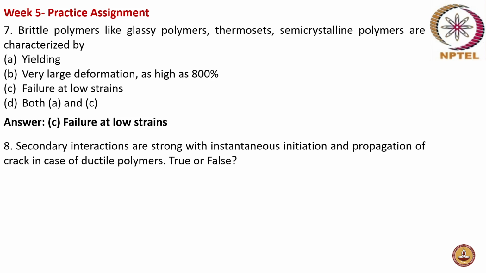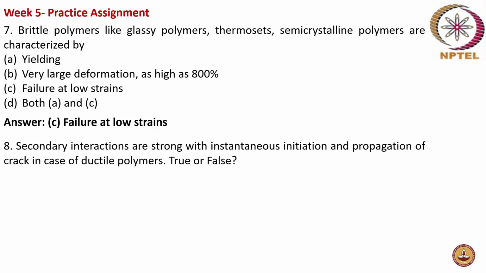See, in a general scenario, there may be some minor variation from case to case, but in general, when you compare, since there is yielding, for example in a ductile polymer, it can go to longer strains.